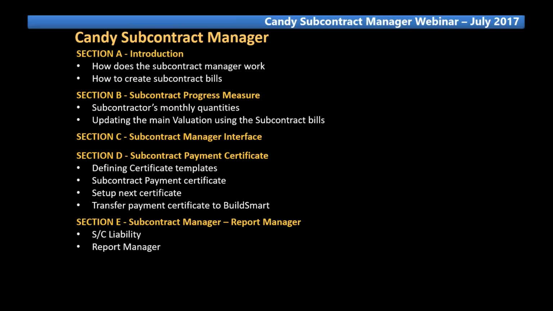Section E is the Subcontract Manager reports, where we look into the subcontractor liability and the report manager. And lastly, Section F, adding VO items from the Main BOQ into the subcontractor bill.